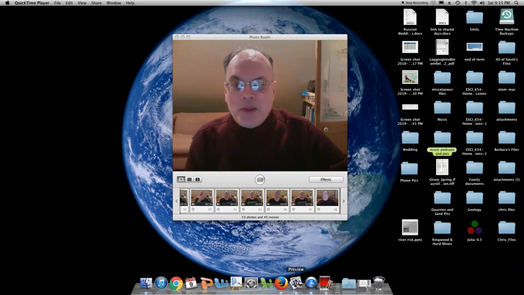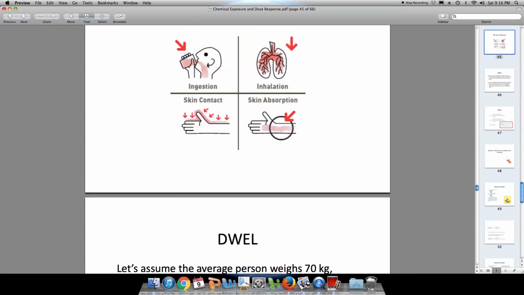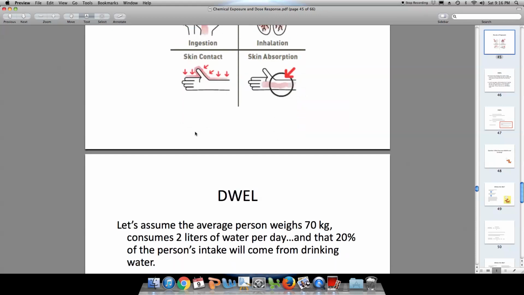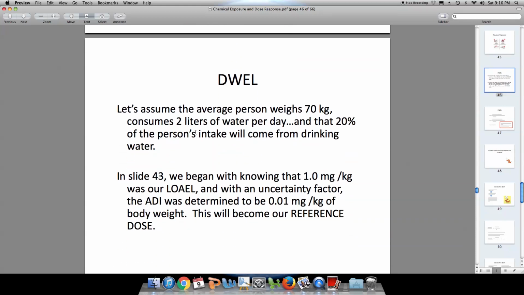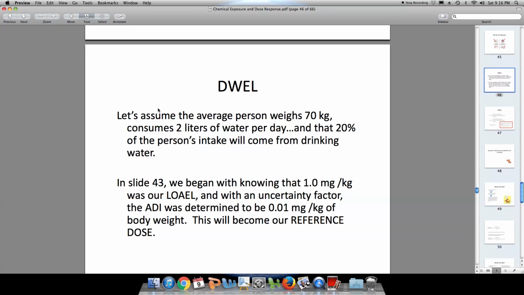When we're talking about chemicals, we can drink them or eat them in our food. We can breathe them in through our lungs. We can absorb them through our skin, or we can have contact with our skin. But let's look at this route of exposure through drinking water.